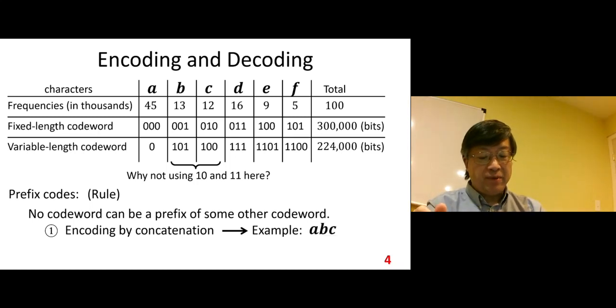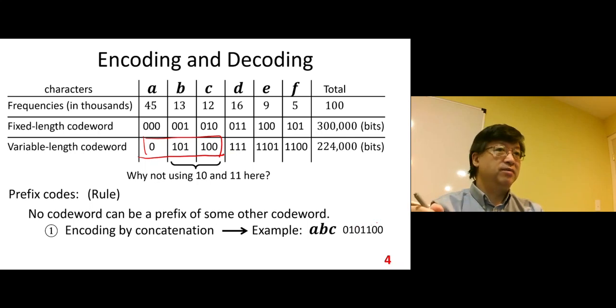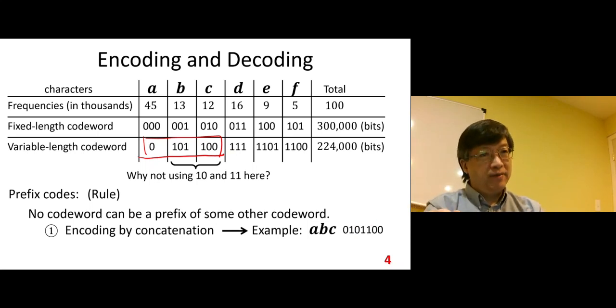Here we can use a simple example. ABC, for example, in our question here. Suppose we want to encode ABC. You just pack all these bits together. So 0, 1, 0, 1, 1, 0, 0. So that's the simple way you can do the encoding.